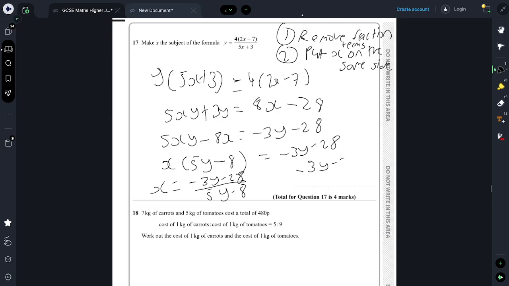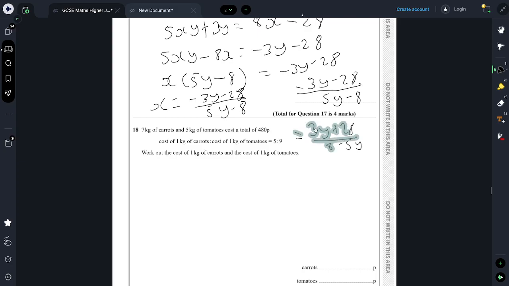If you want to simplify a little bit more, you could take out the minus. If you times by minus 1 over minus 1, you get 3y plus 28 over 8 minus 5y. So flip the signs essentially. But it doesn't matter.